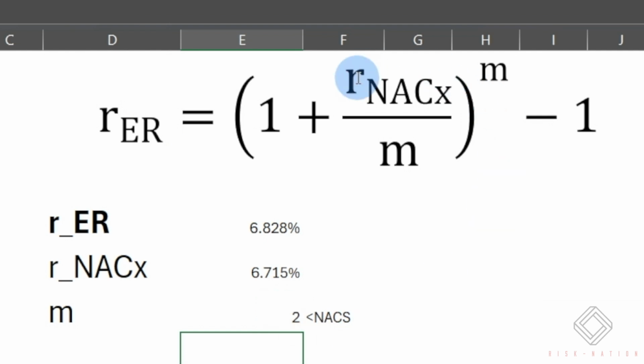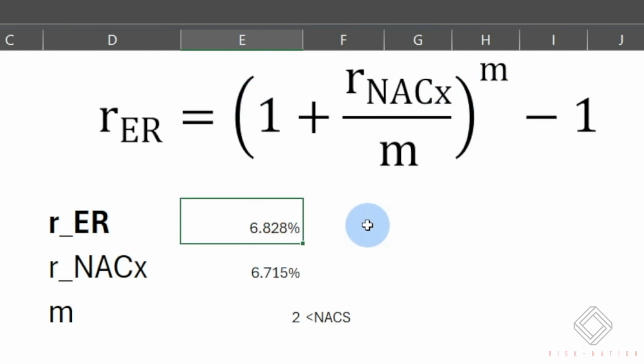And because we're dividing this value, 6.715 by 2, and raising this factor here to the power 2, you'll notice that the effective rate, what you're actually receiving in a year, will be a higher rate than what is nominally quoted. The nominal rate does not include the impact that compounding will have on the rate. And therefore, when there is compounding, we actually get a higher value, 6.828.